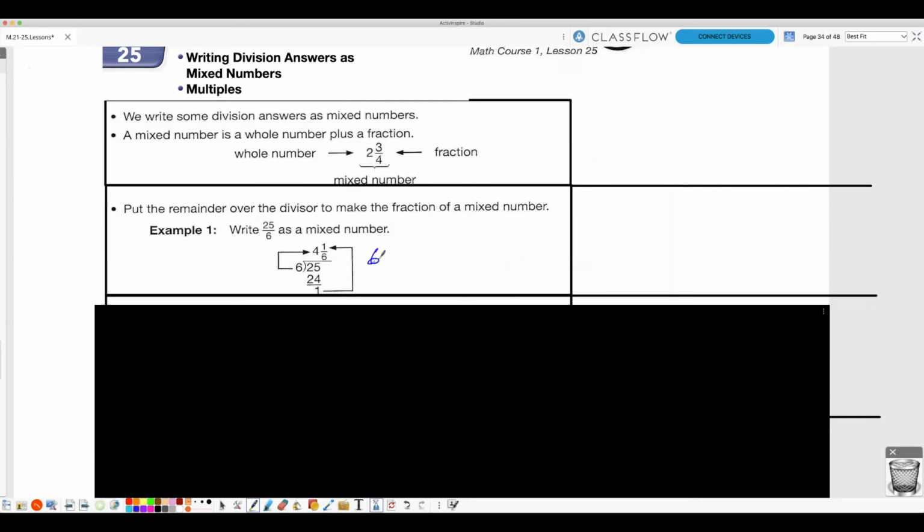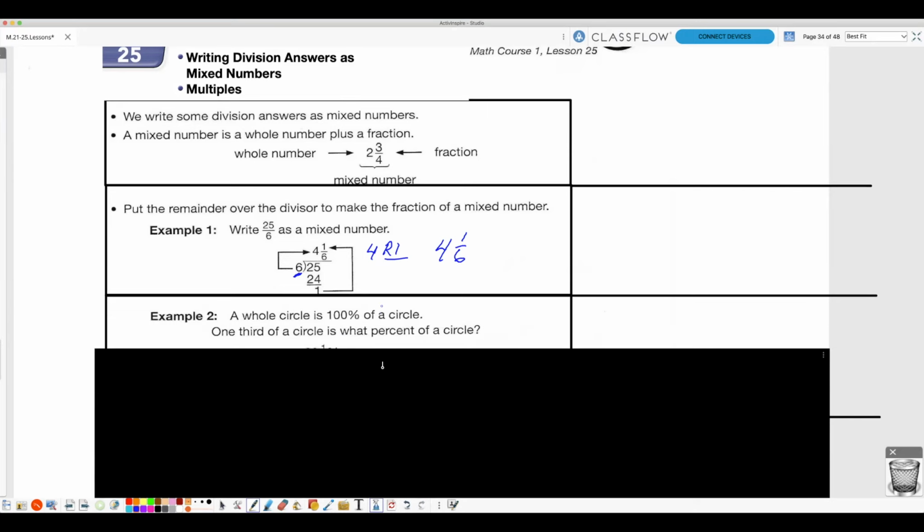Typically we've seen this as 4 remainder 1 in the past. But instead of having the remainder, you just use the remainder as the numerator, and then this number right here would be the denominator in that case.